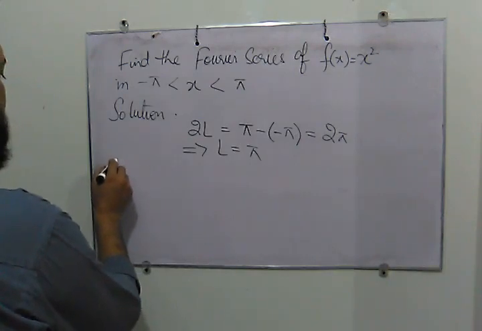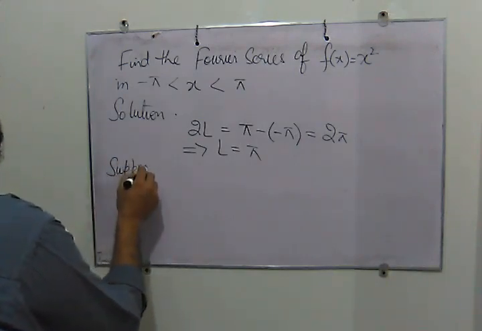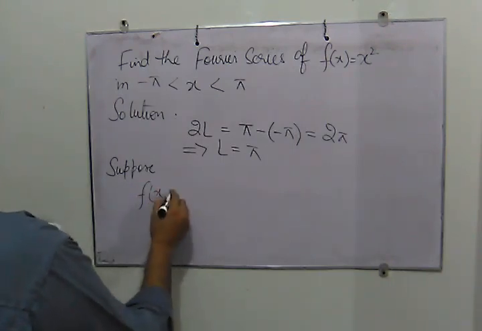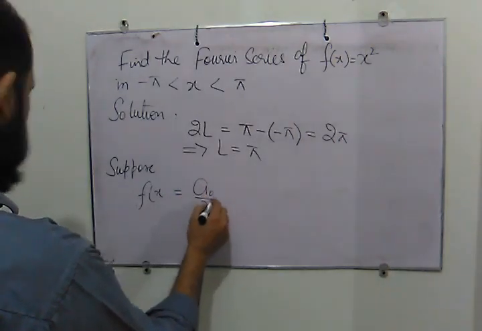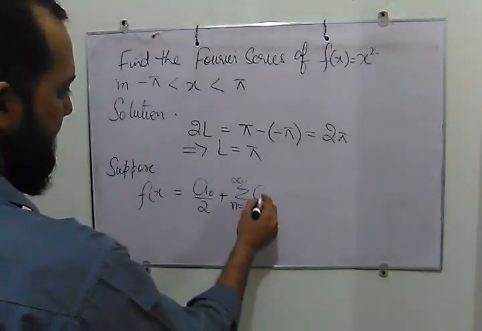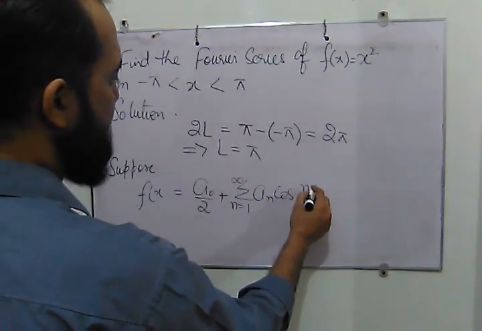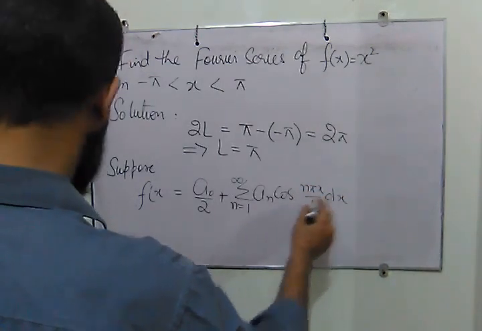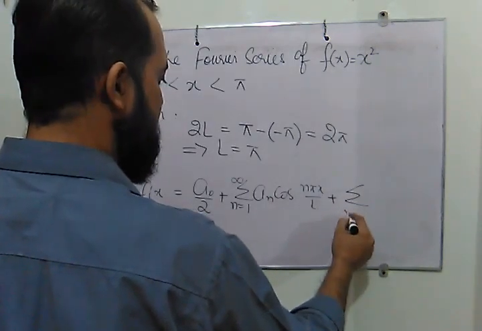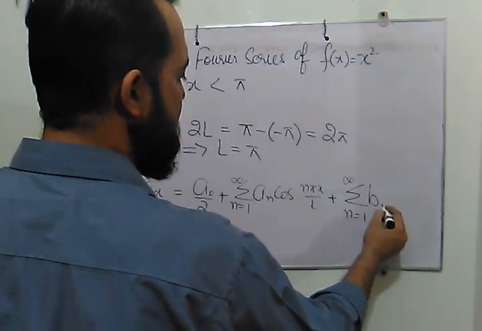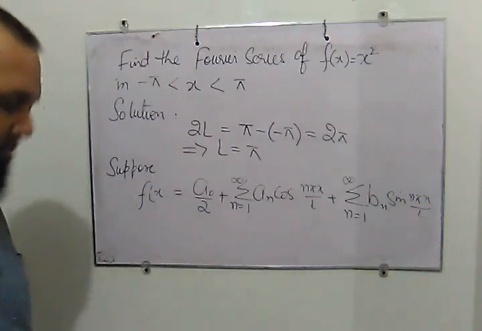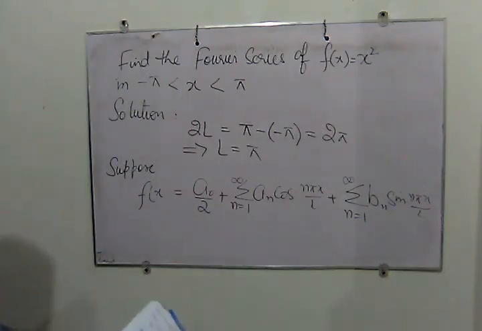Now we know the formula for the Fourier series. f of x is equal to a naught by 2 plus summation n is equal to 1 to infinity an cos n pi x upon L, plus summation n is equal to 1 to infinity bn sine n pi x upon L. We know the Fourier series formula.